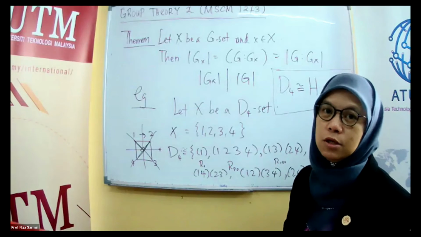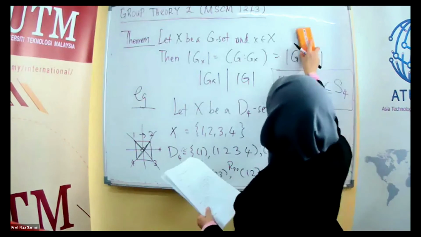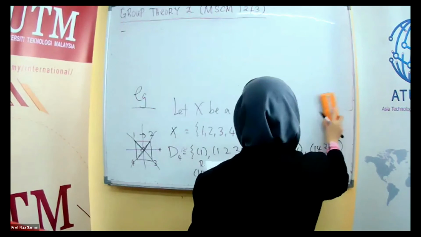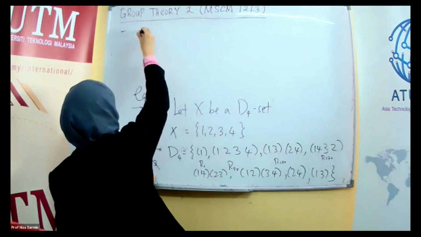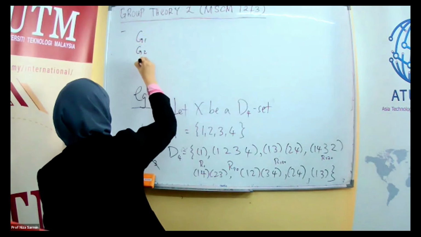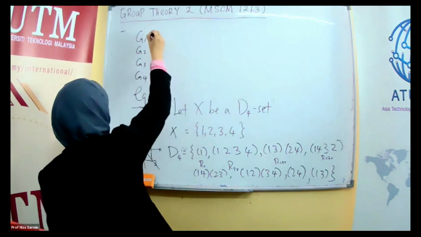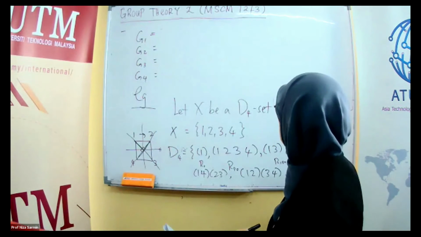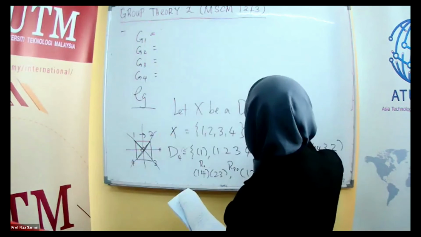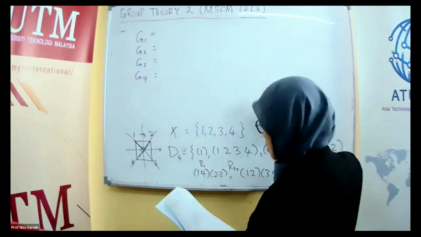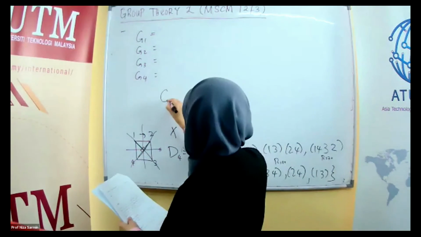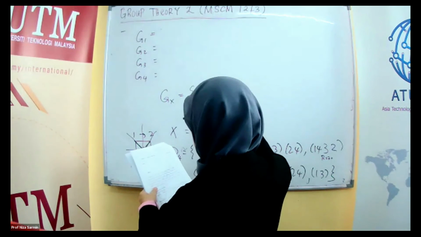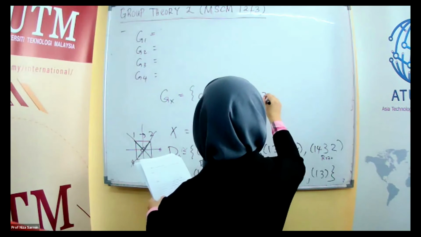So list G1, G2, G3, G4. And remember, Gx is the set of g in G such that gx equals x.